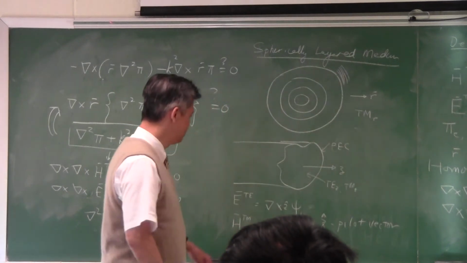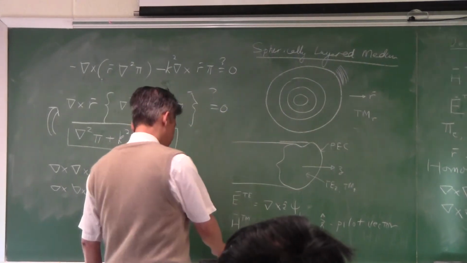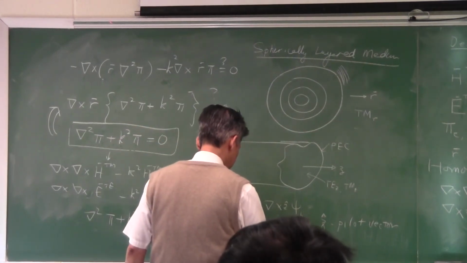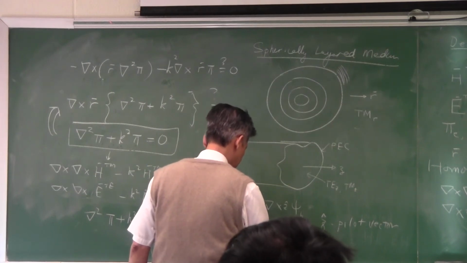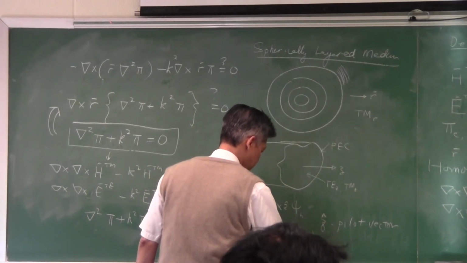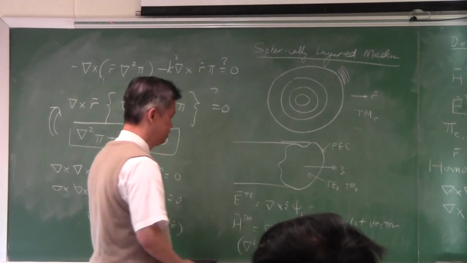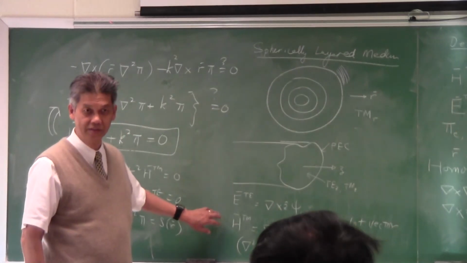You can go through the argument that if these are solutions to the Helmholtz wave equation, then E and H will be a solution to the vector wave equation. You can go through the same argument.